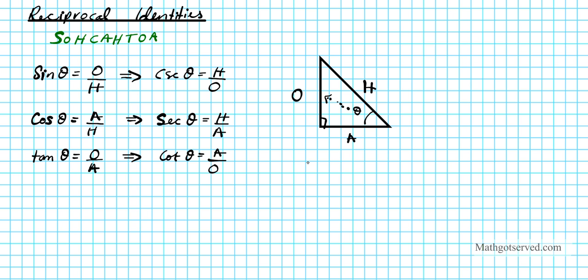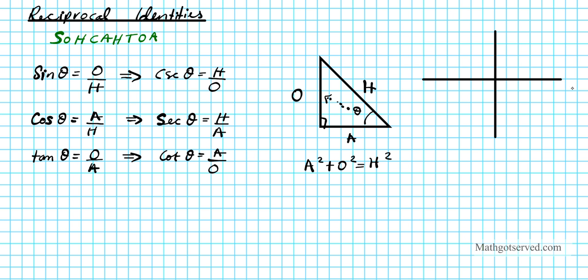So from the Pythagorean theorem, we know that a squared plus o squared equals h squared. So this is another formula we're going to be using. And last but not least, we're also going to be using our coordinate system, and All Students Take Calculus, to figure out the sign of the angle that we're looking for. So there goes our coordinate system.